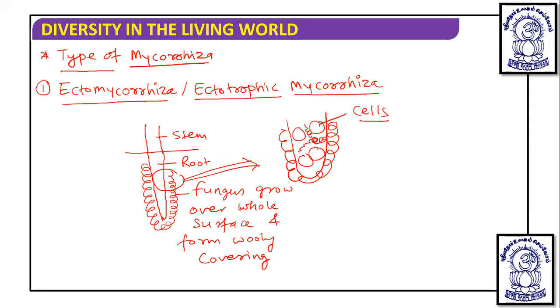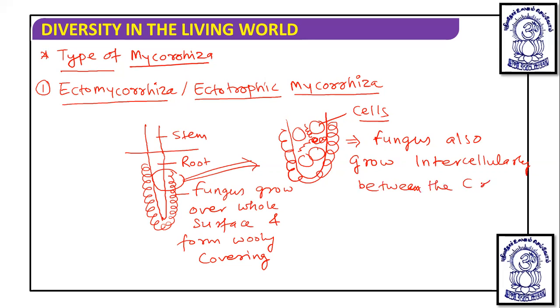So in ectomycorrhiza the fungus mainly grows on the surface, but it also penetrates or grows intercellularly, between the cortical cells.